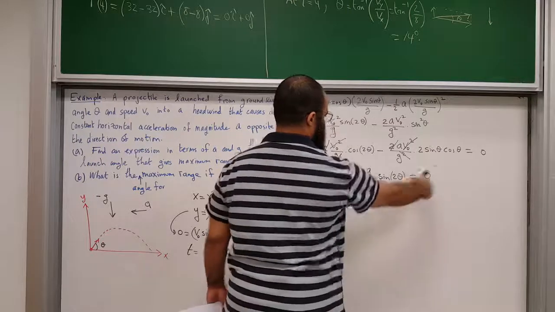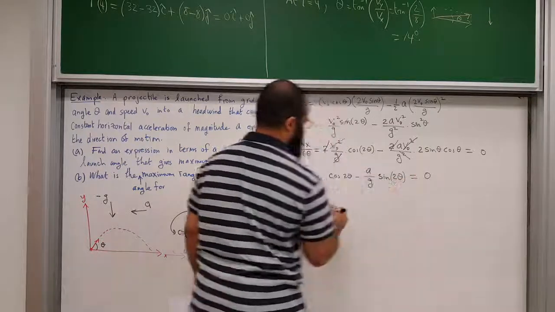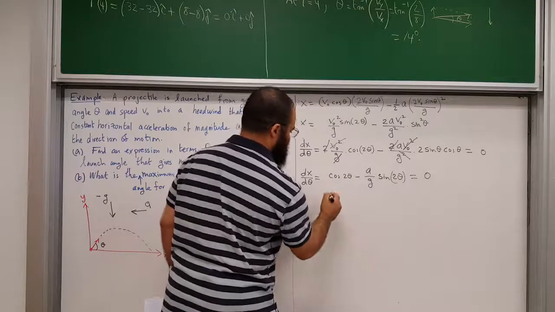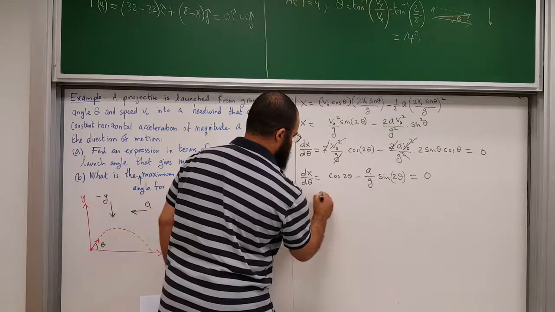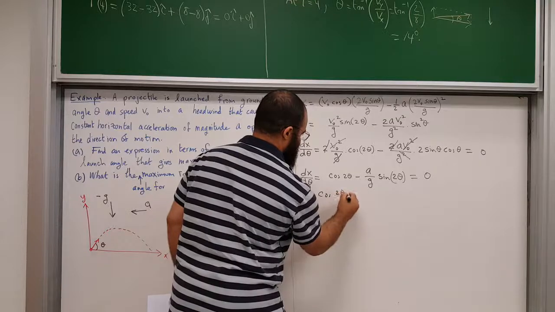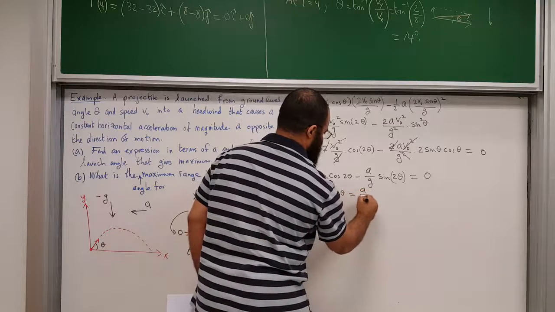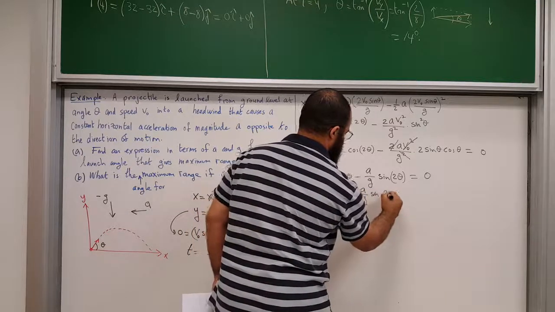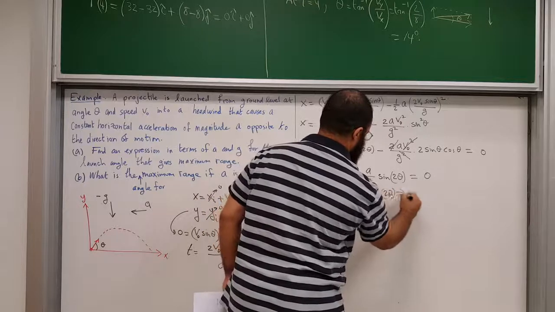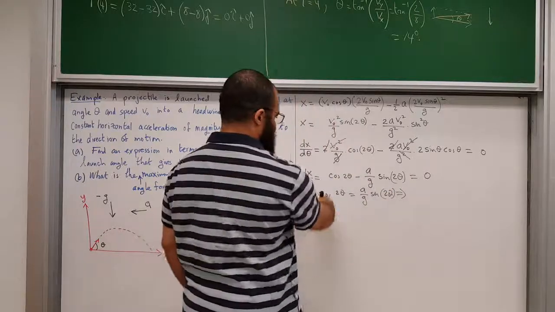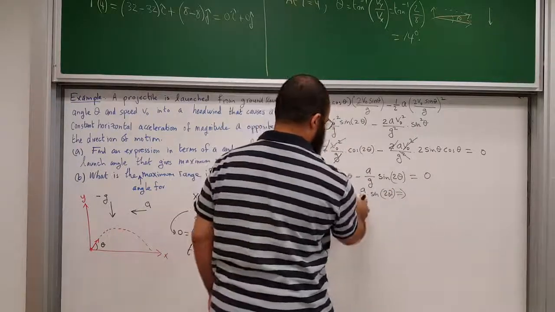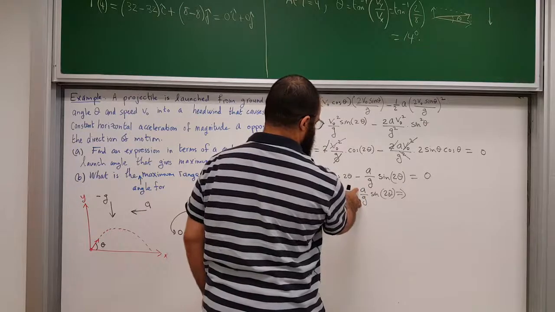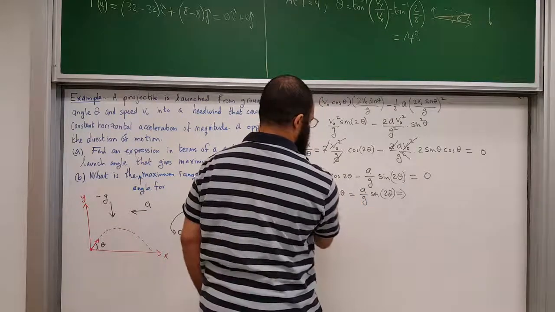Let's move this to the other side and then divide by cosine. So cosine of 2 theta will equal a over g times the sine of 2 theta. Divide both sides by cosine and multiply by g over a, so you have g over a on this side.